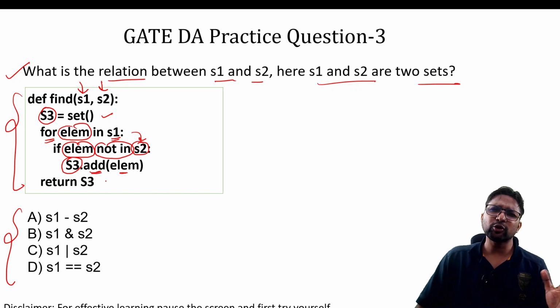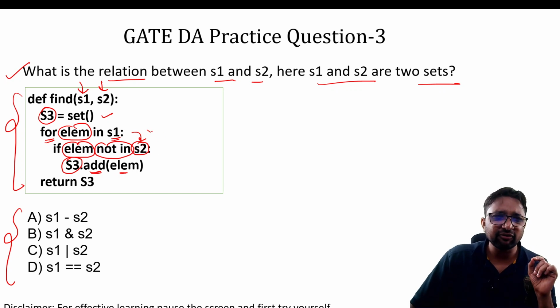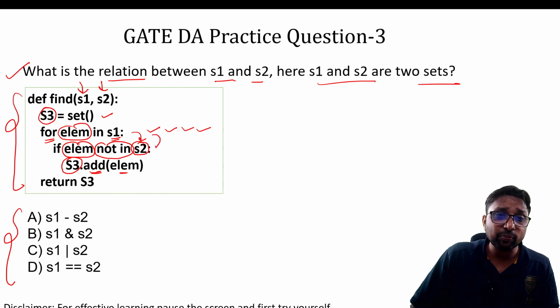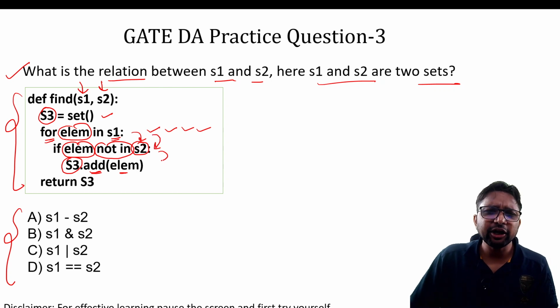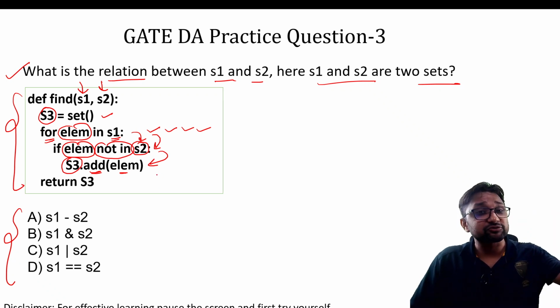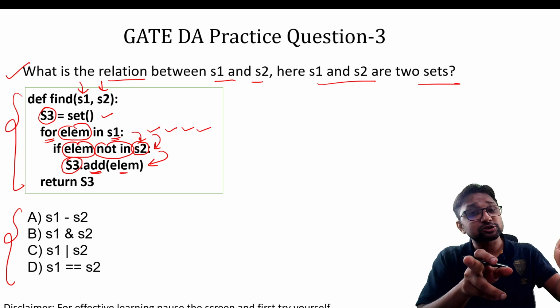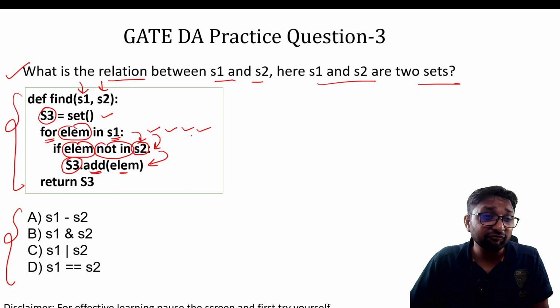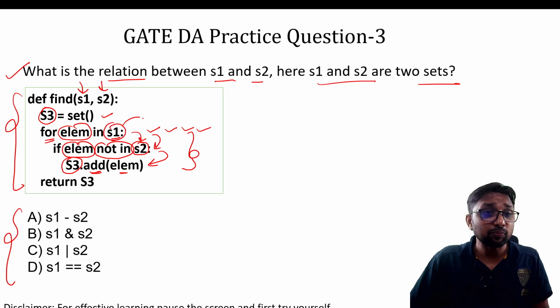So what we are doing simply over here is that we are picking one by one all the elements of S1 and checking if that is not present in S2, add that into our new set S3. So ultimately we are taking all those elements of S1 which are not present in S2, adding all of them into S3 and returning S3.